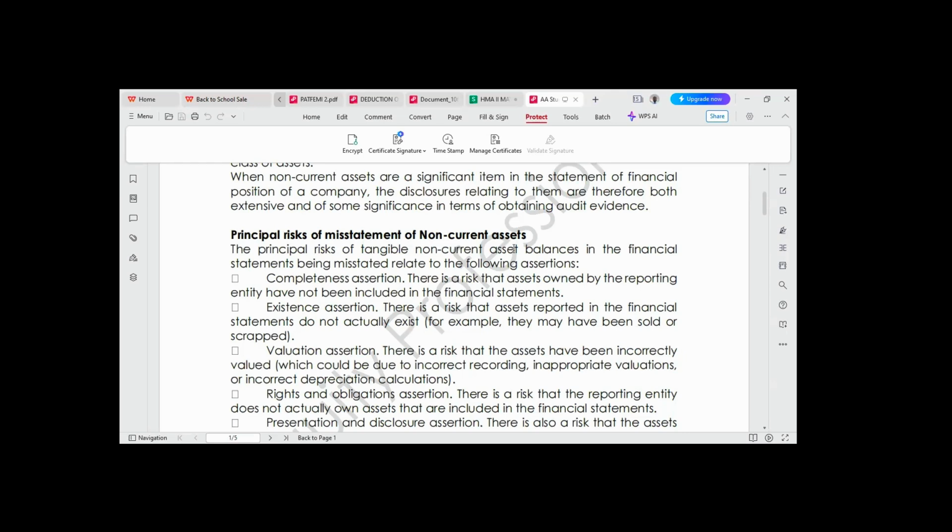I did say that. So this assertion will also be tested by the auditor. The auditor will carry out tests on the presentation and disclosure assertion. So there will also be a risk that the assets have not been correctly presented and disclosed in the financial statements.